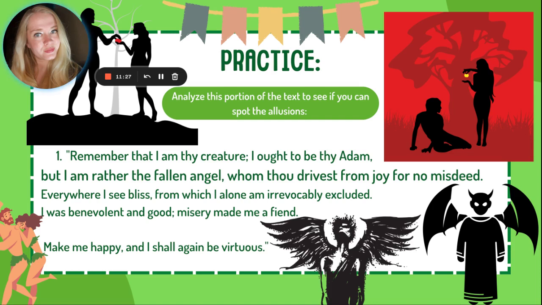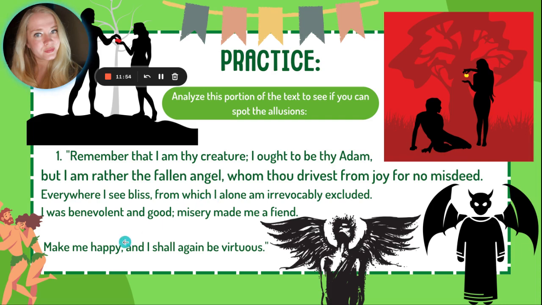So this is a great time for you to pause the video and try to figure out the different allusions that are being given as an example here. So if you've dug into these allusions, I am going to pull out the first one for you. We have the reference to Adam, where he is talking about the creation story from the book of Genesis in the Bible.